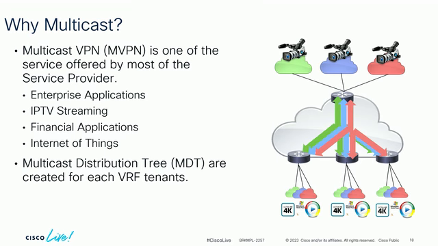Because there might be multiple customers using the same underlying service provider network, multicast VPN service. So irrespective of enterprise or service provider, basically irrespective of the segment, multicast plays a key role. And so by just deploying segment routing for unicast, we may not be able to realize for multicast traffic the benefits that we are enjoying with unicast using segment routing.